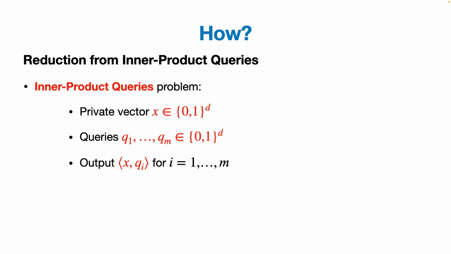And we have m queries, q1 to qm, each of which is also a d-dimensional binary vector. And we want to output the dot product of the private vector with each one of these query vectors after receiving the queries. Well, the lower bounds that we use actually hold for receiving all of them in a batch as well, but it's not necessary for us.